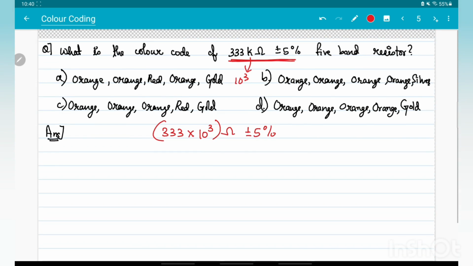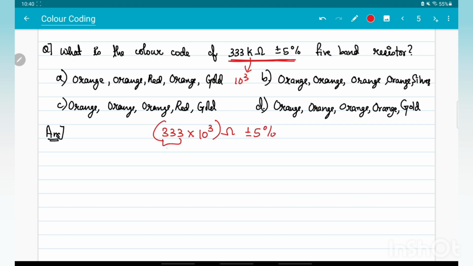So it is clear from this one that these first 3 are the numbers. Okay, these are the numbers part. This one is the multiplier part, and this one is the percentage tolerance.